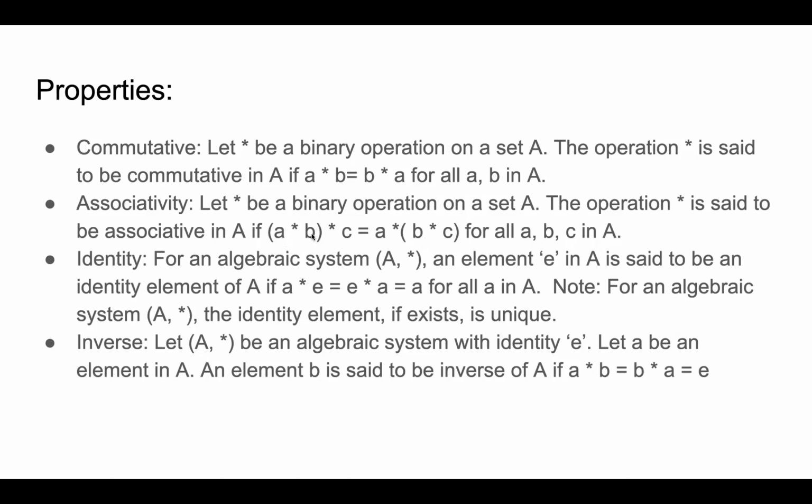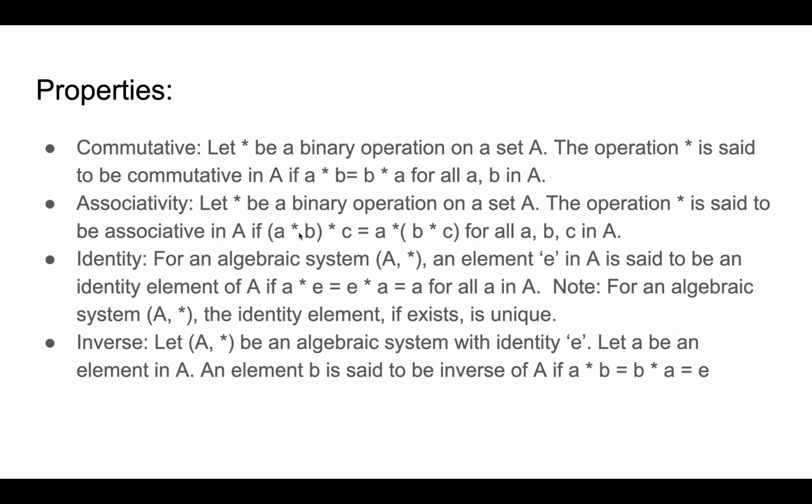If I perform the operation between A and B first, and the result of that operation is again operated with C, is equal to B and C being operated first with the star, whatever the operation will be, and the result of that B star C is again operated with A. If both these sides are equal, then the binary operation on set A is associative.